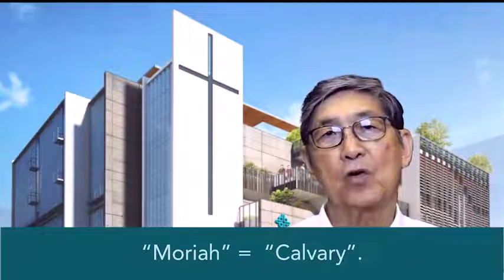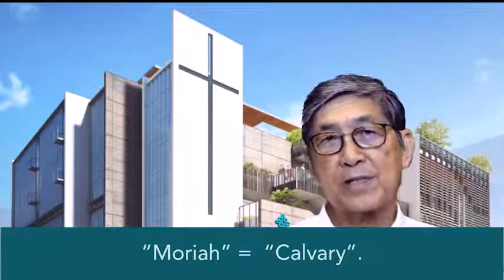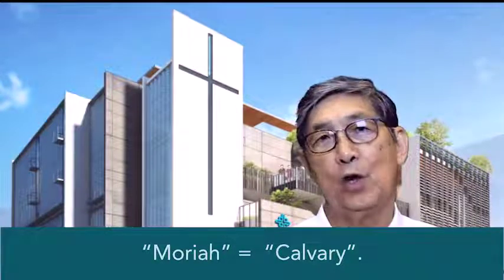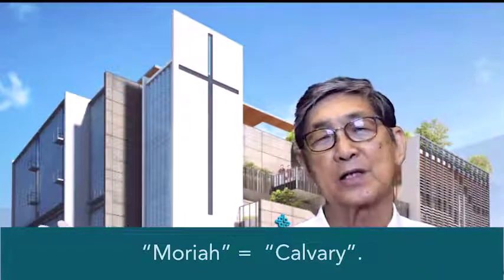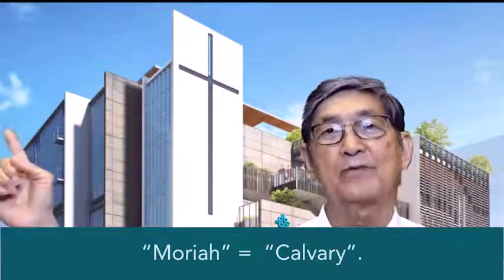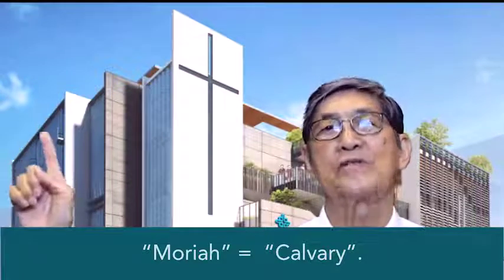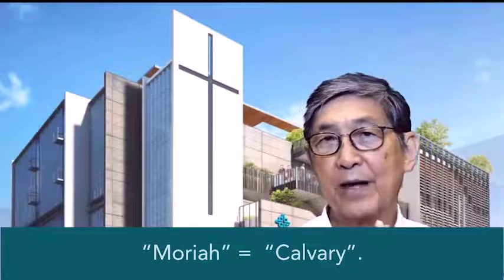Now, the word Moriah may not be familiar to you, but Moriah today is called Calvary. It's called Golgotha. This is the same mountain where 2,000 years later, the Lamb of God was crucified for us. So God told Abraham, bring Isaac to Moriah and sacrifice him there.